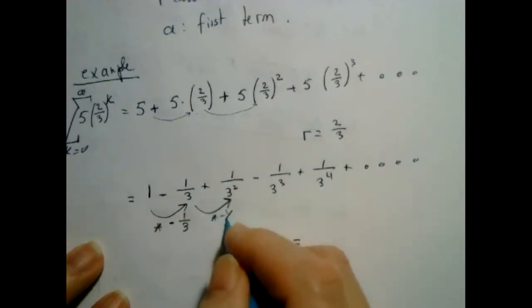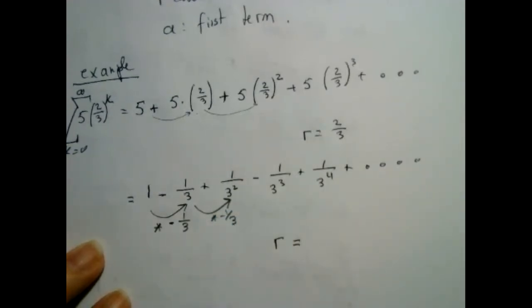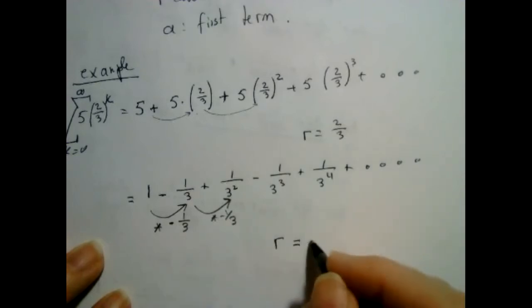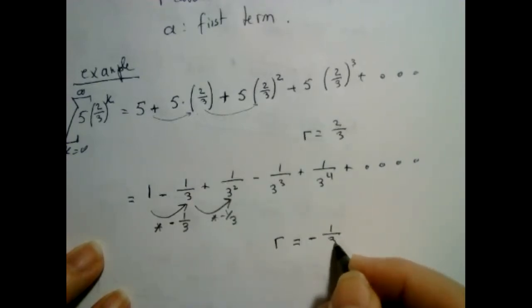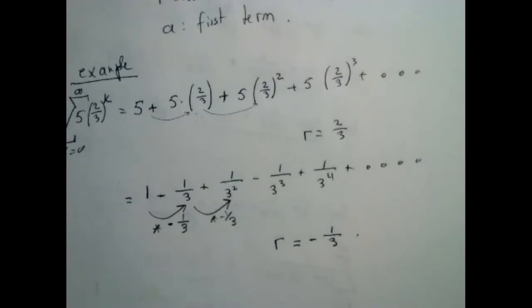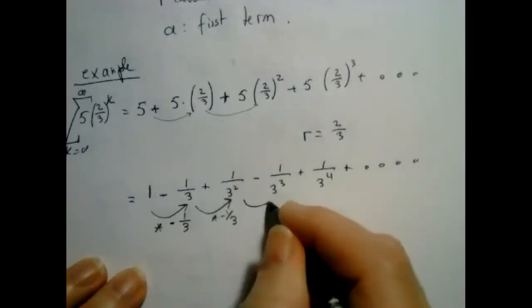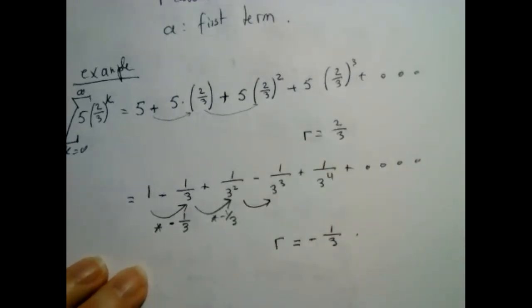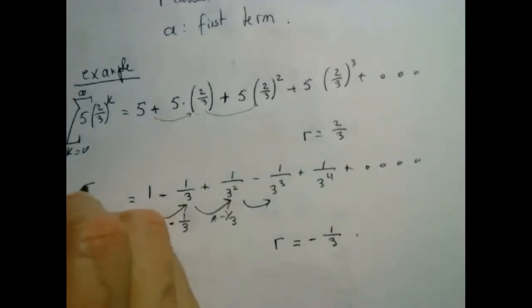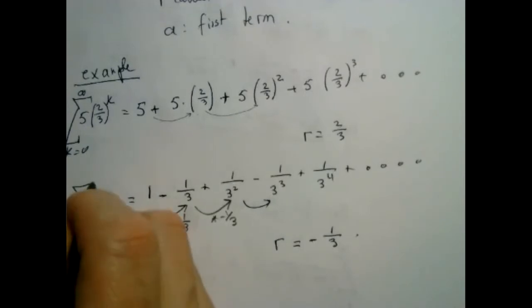So the ratio is the number we multiply by. In this case, the ratio is -1/3. We have to be very careful: what we're multiplying by is -1/3, not +1/3. Now, who would like to write this clearly in sigma notation?